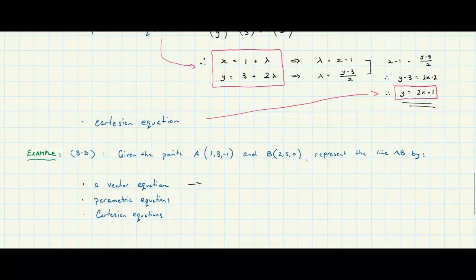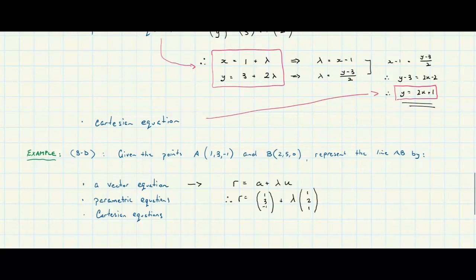So let's look at the vector equation, which always starts out r equals a plus lambda u. By replacing each of these, r is equal to A, our fixed point, which we write as a component vector (1, 3, negative 1), plus lambda times our direction vector, which is (2 minus 1, 5 minus 3, 0 minus 1).